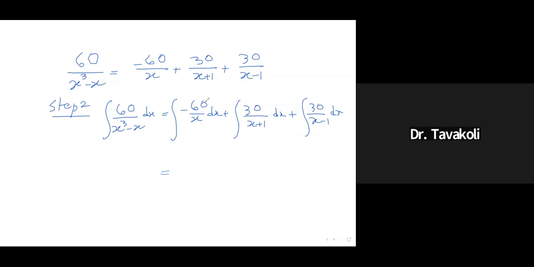In the first integral, −60 is a constant, comes out. And the integral of 1 over x is ln of the absolute value of x.